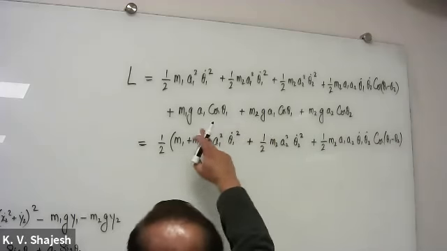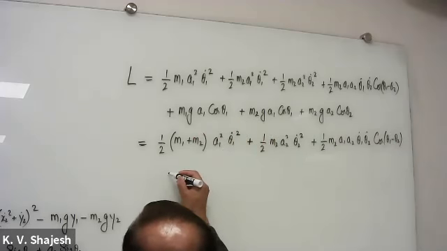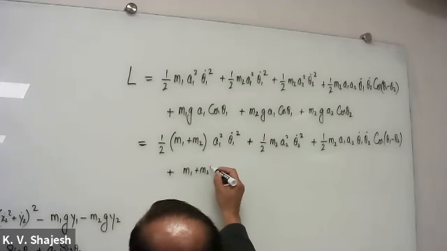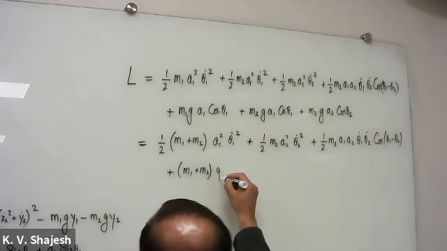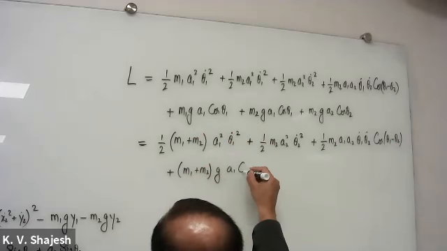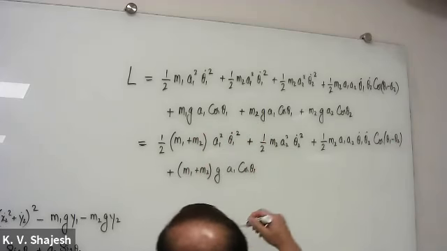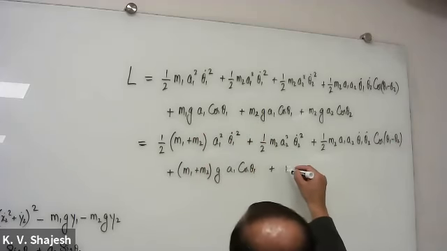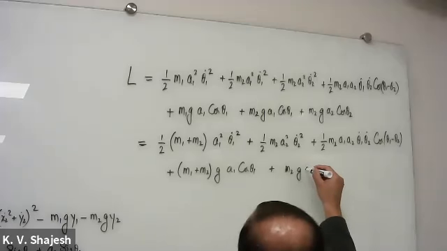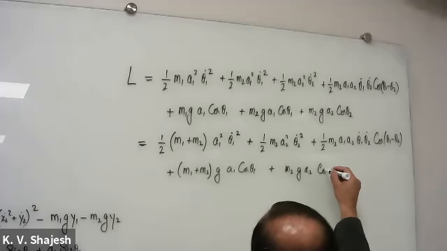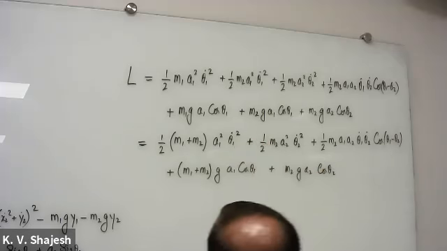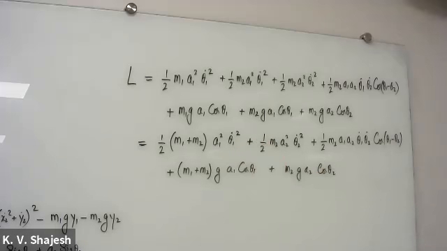Here also, the M1 and M2 combine in one piece. It's good to recognize that, and plus M2 g A2 cosine theta 2. Not very relevant, but it's good to realize that. That's all. Okay, that's good.